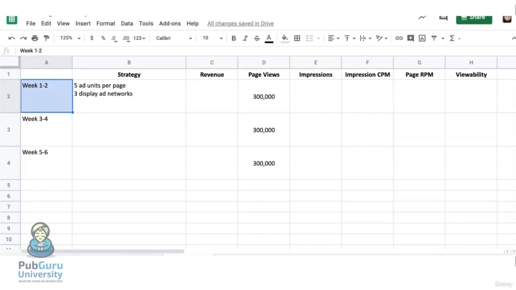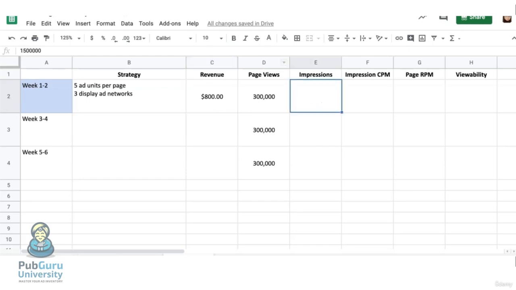Let's say, for example, for the first 2 weeks, you started with 5 ad units per page, running 3 different display ad networks competing against one another. And let's say on average, you're getting about 300,000 page views every day. For the first 2 weeks, you are earning about $800 in revenue per day.